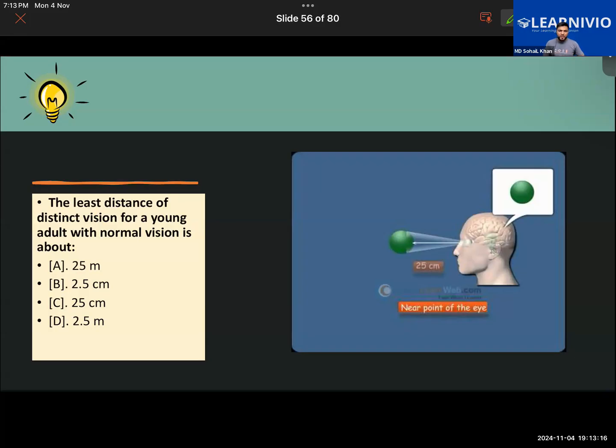Apart from that, there are a few other important things about the human eye. The farthest point from the eye at which an object can be seen clearly is called the far point of the eye. Since it is not fixed, we say the farthest point is infinity.